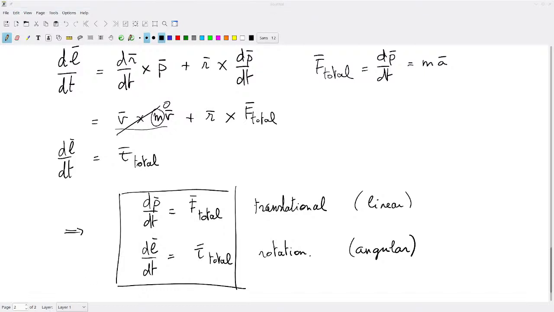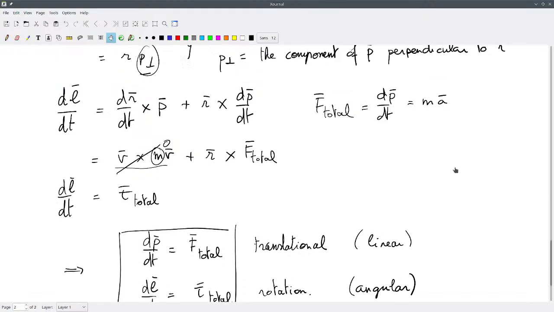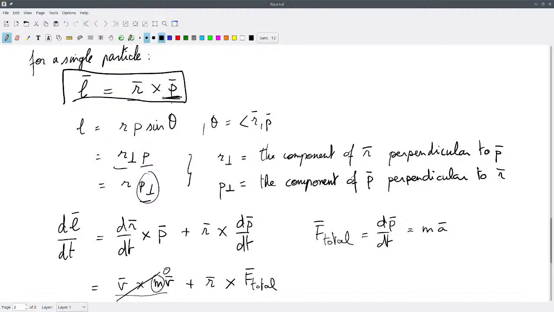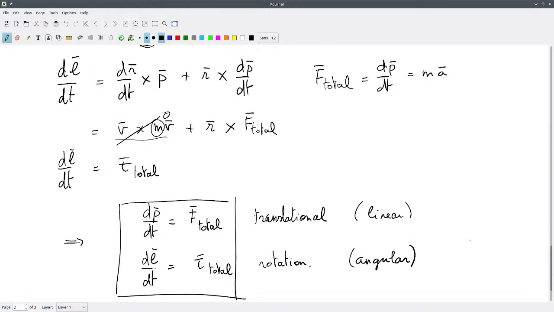So that's the connection between angular momentum L, again defined as r cross p, and the torque, again defined as r cross the force. This was for a single particle.